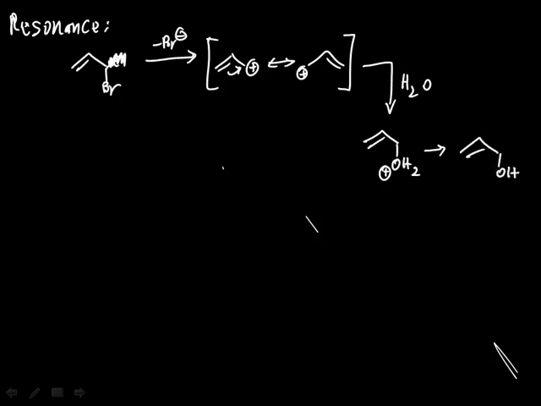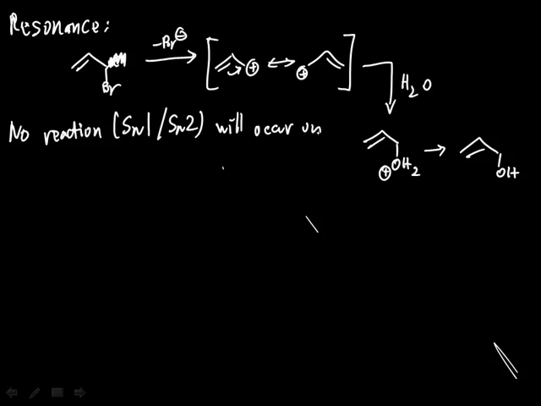And this reaction occurs on allylic or benzylic positions very quickly as well. It's important to notice that no reaction in either Sn1 or Sn2 sense will occur on aryl halides or aryl substrates or vinyl substrates.